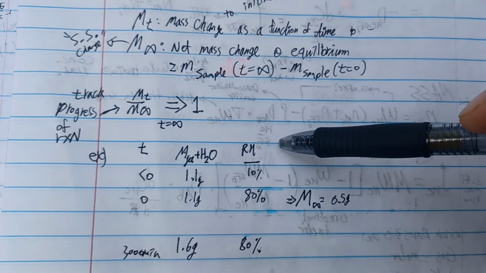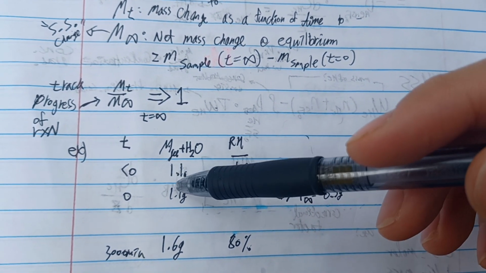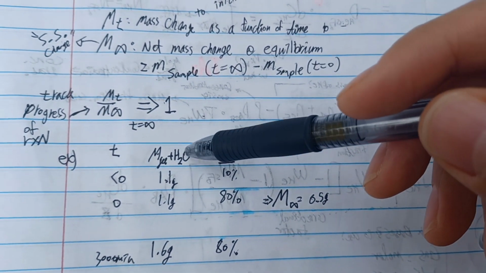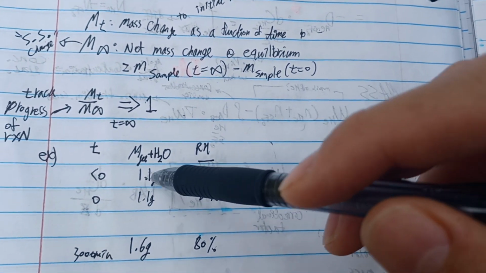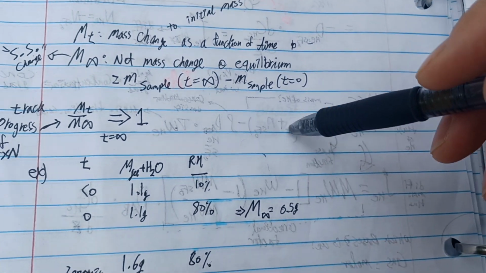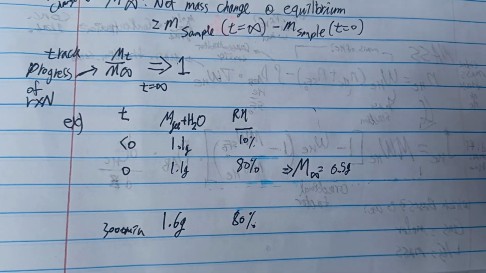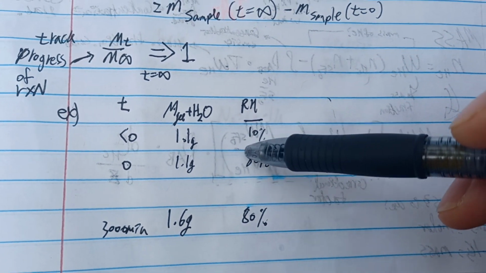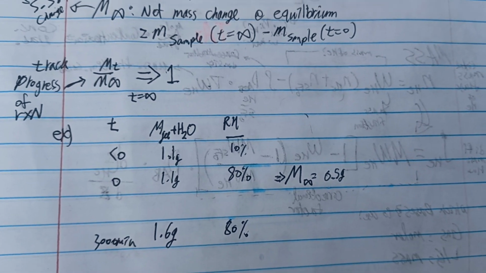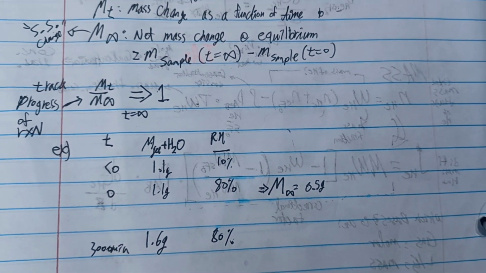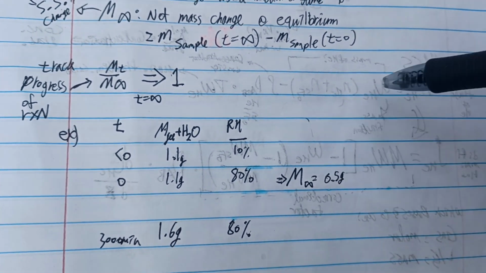So for example, if the mass of the hydrogel is 1.1 gram and the humidity is 10%, and at time equal to 0 we set the humidity to 80%, and then 3,000 minutes later we see that the mass has increased to 1.6 gram. In this case, M infinity would be 0.5 gram because 1.6 minus 1.1.